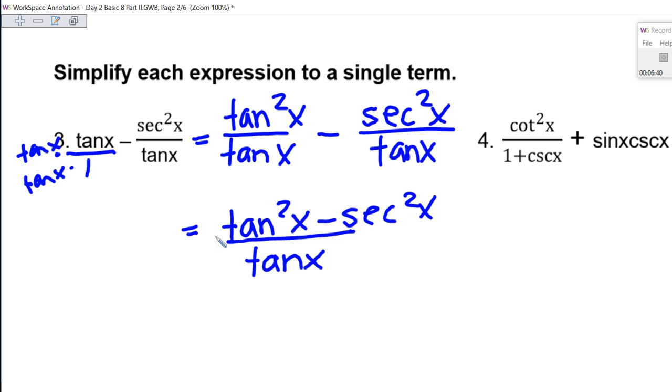Now the next thing I could do is, if you notice, we have a square and we have a square. So if you have terms that are squared, maybe we have a Pythagorean identity. So let's see what we might have. If I have a tangent squared, what would I have to divide by?